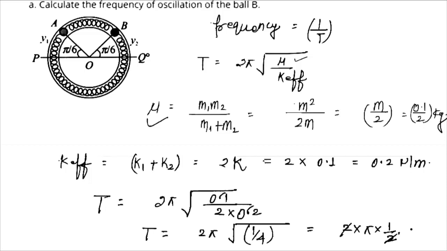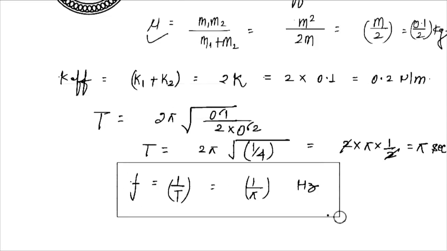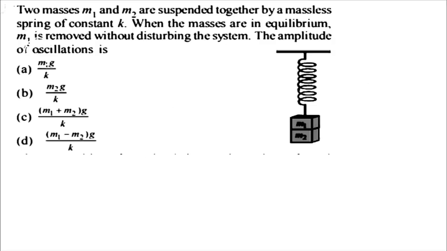The 2 and 2 cancel, so the time period is pi seconds. Then frequency is equal to 1 by time period, and the time period is pi seconds, that means 1 by pi hertz, because the unit of frequency is hertz. So the right answer of this question is 1 by pi.